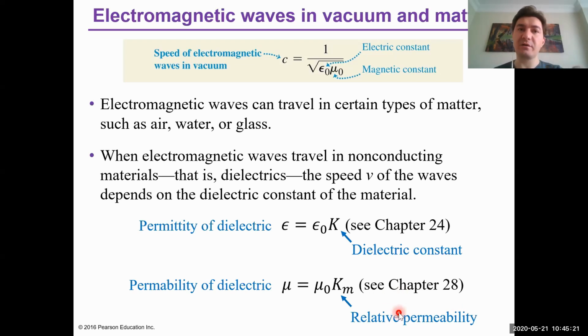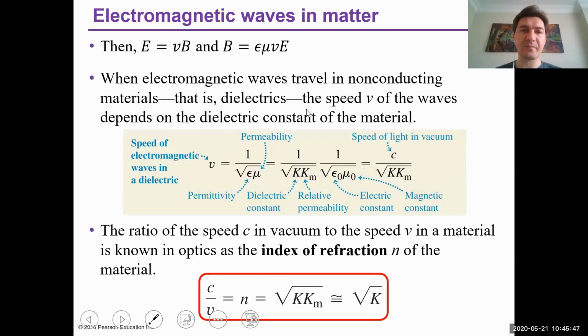So electromagnetic waves travel in vacuum with the speed of light, okay, which is given by that expression. But if they travel in matter, in materials, then we have to use the permittivity and permeability of the material instead of those constants here. Don't forget this one.